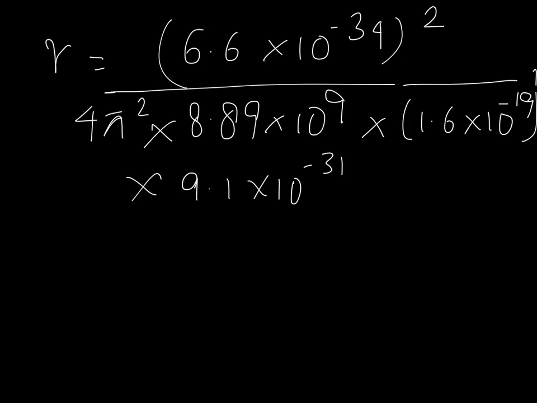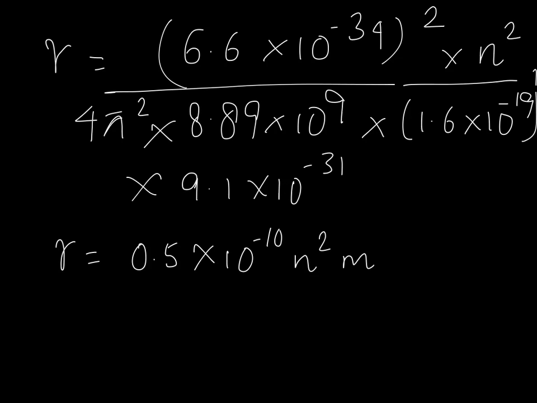This is further multiplied by n squared, because we found r as a function of n squared. So from here we get r equal to 0.5 times 10 raised to the power negative 10 n squared meters.